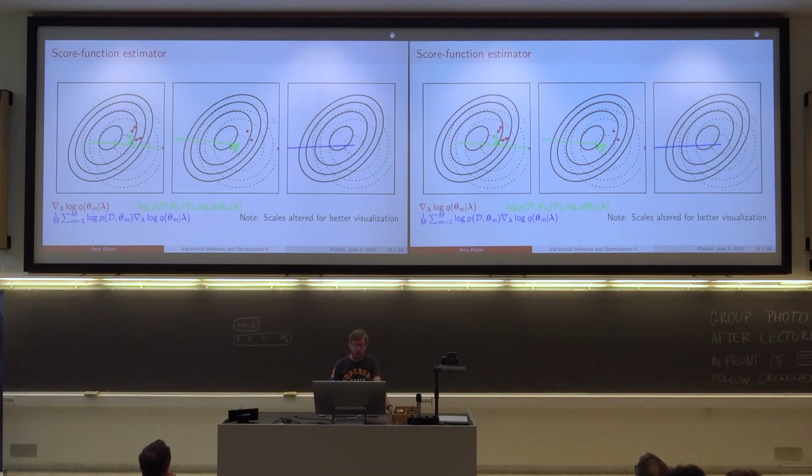Let's continue. Add a third data point. It happens to be somewhere on the right-hand border. So the red arrow would be pointing to the other side. And then the flipped gradient weighted by the log of p happens to have a very large magnitude, pointing in the right direction.